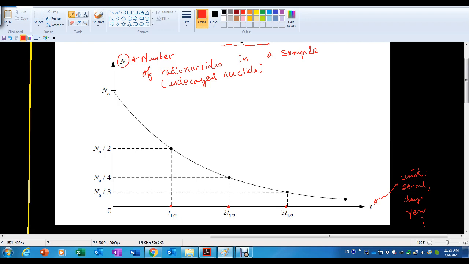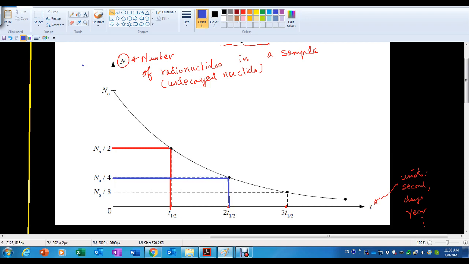As your number of undecayed nuclides is dropping, after one half-life, how many undecayed nuclides are left? It's half of the original total, so divide by 2. How about another half-life?